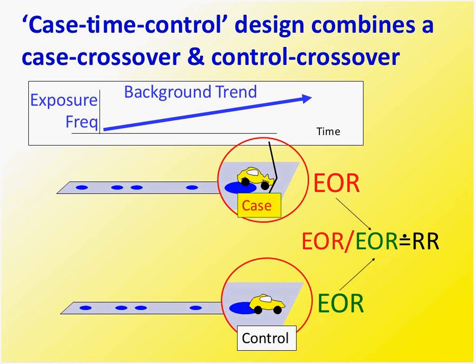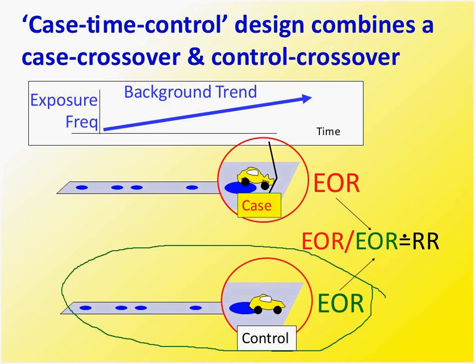So we already mentioned this case time control design that uses a control group to help estimate background trend. This is the alternative. If you can't do a bidirectional design because of reverse causation bias or immortal time bias, and you are worried about an exposure time trend, then maybe you want to use a non-case group and do a crossover analysis.